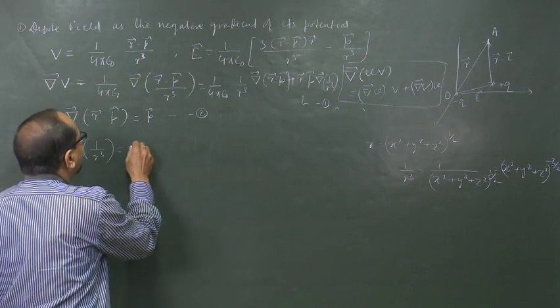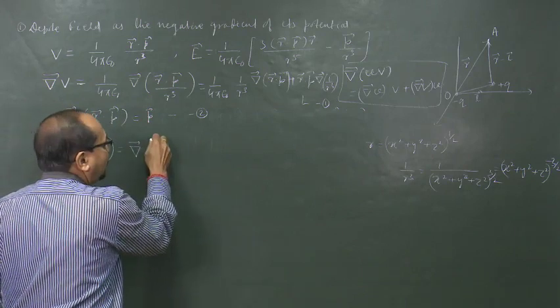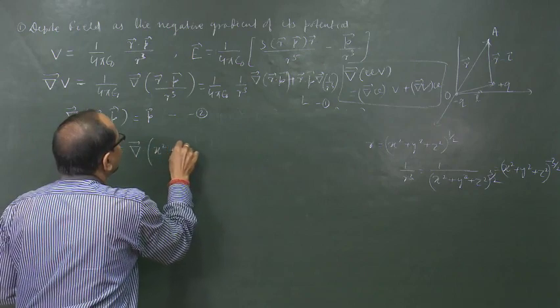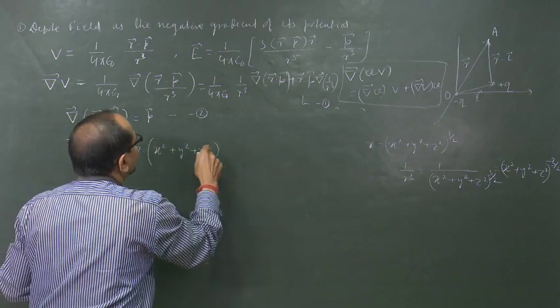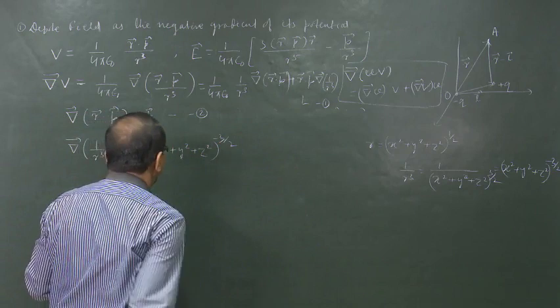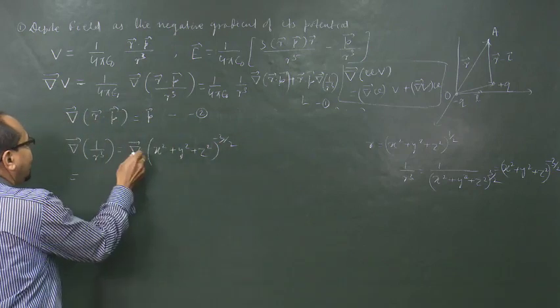So, it now becomes equal to gradient of (x square plus y square plus z square) to the power minus 3 by 2, and what is gradient?